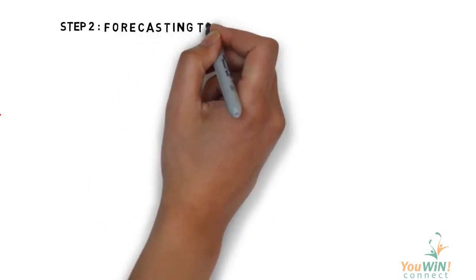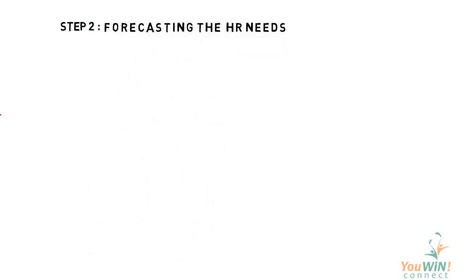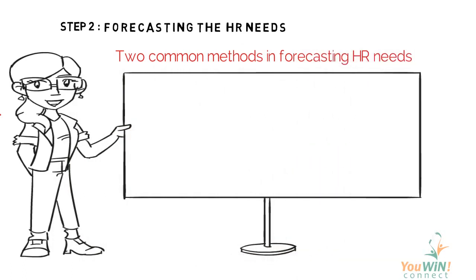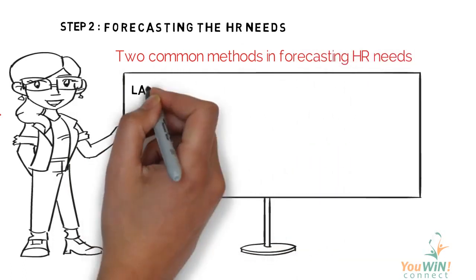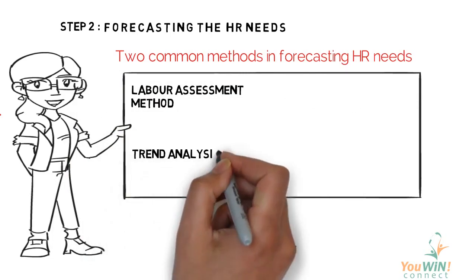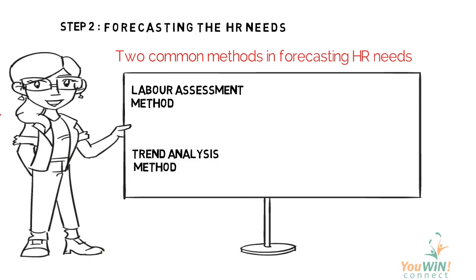Step 2, we then go on to forecasting the HR needs. And we're going to be looking at 2 common methods here. The first one is the labor assessment method, and the second one is the trend analysis method.